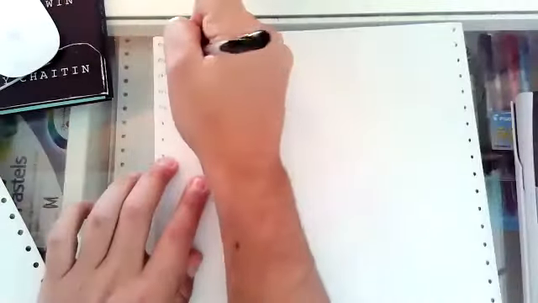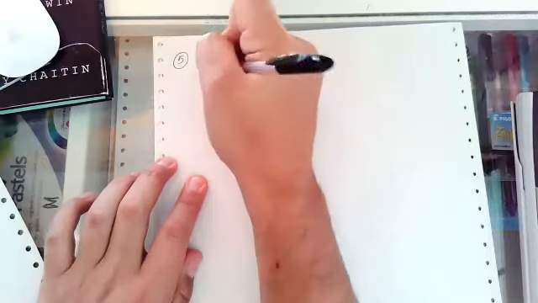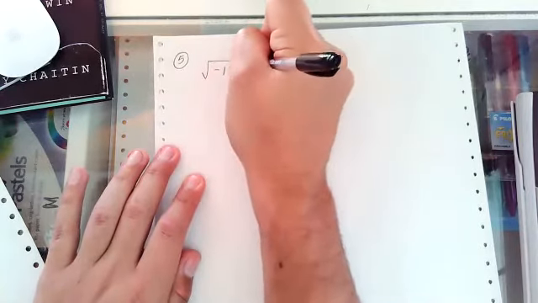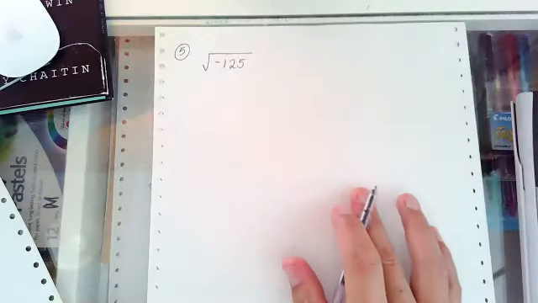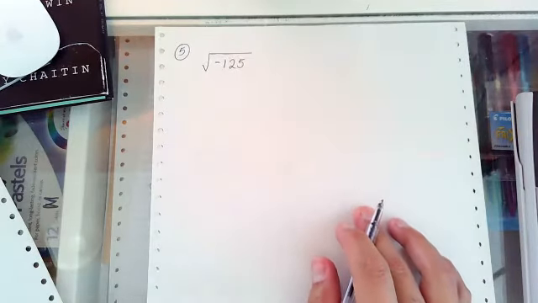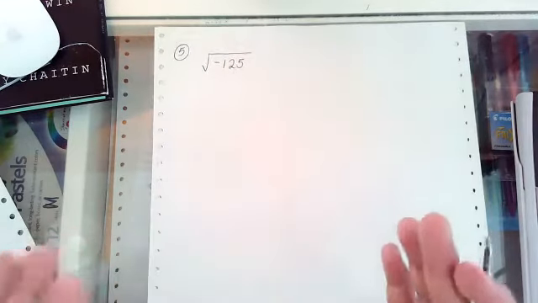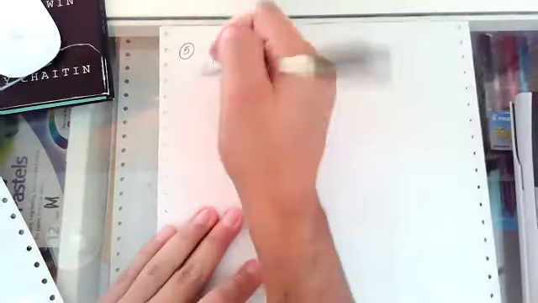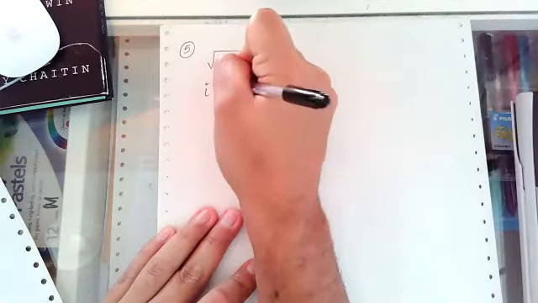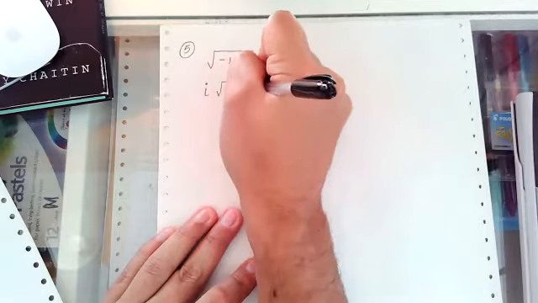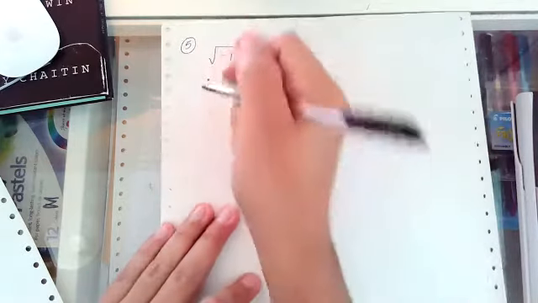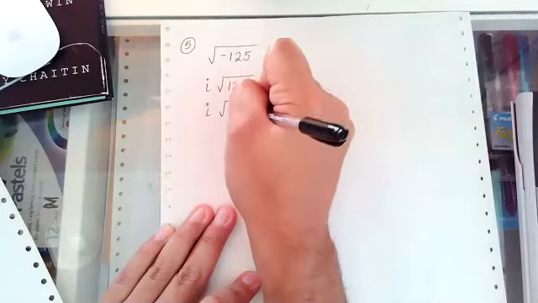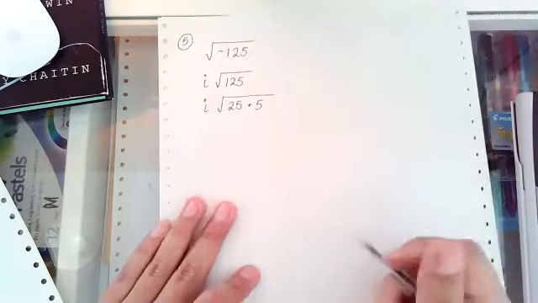Let's see if we have something similar here. Negative 125. Okay, and there are other ways of breaking these numbers down if you wanted to. I mean, we could say that this is I root 125. And then you might say that this is I times, and then I know that this is 25 times 5.